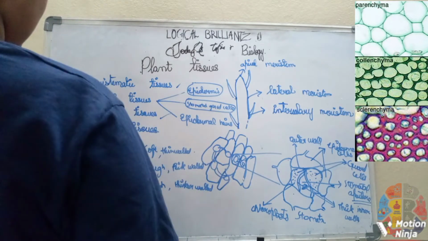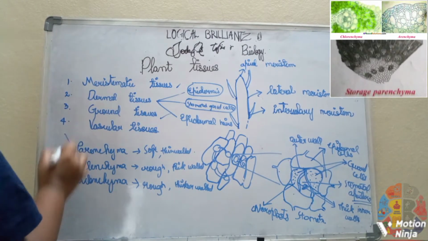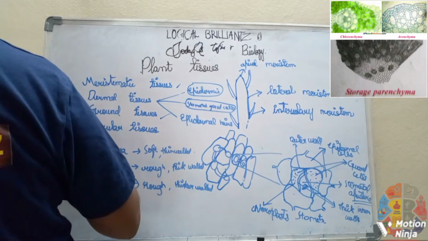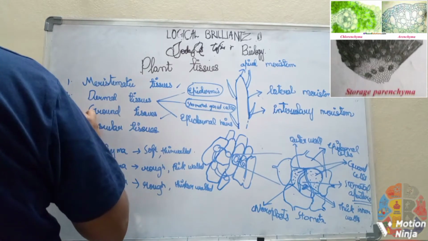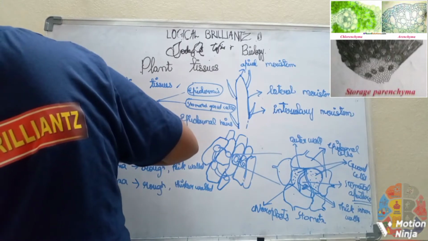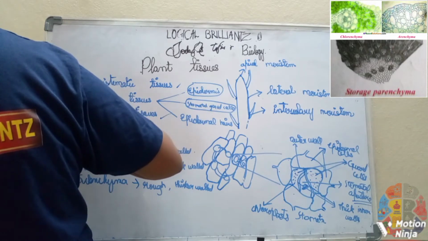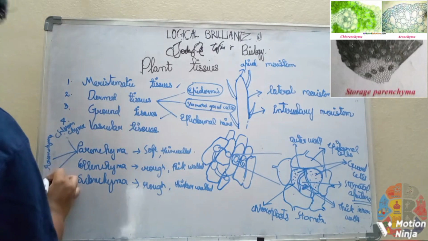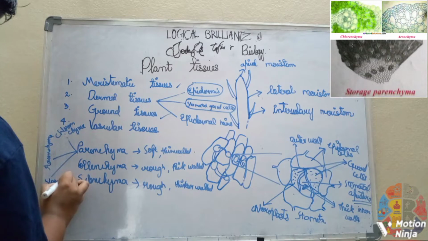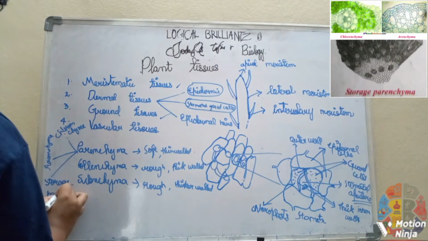And again in parenchyma there are three types of cells. What are those? Chlorenchyma, aerenchyma, and storage parenchyma.